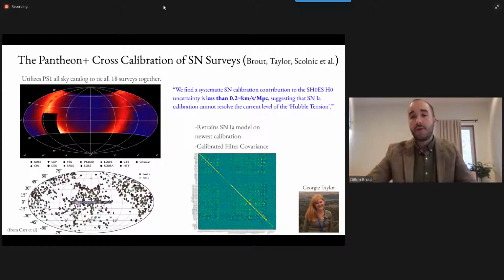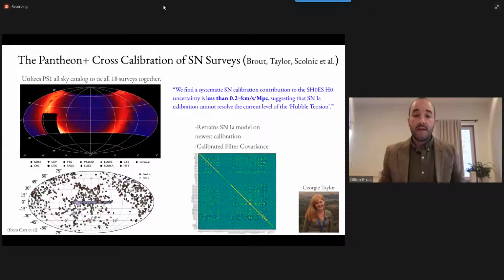We can use the stars to cross-calibrate the different surveys and get all of the supernovae on a consistent flux calibration. What this does is give us a new calibration solution, which means that we now retrain the supernova model given this new calibration solution for all the supernovae in the model itself. That's an important part of this analysis that we've now updated thanks to Georgie Taylor.